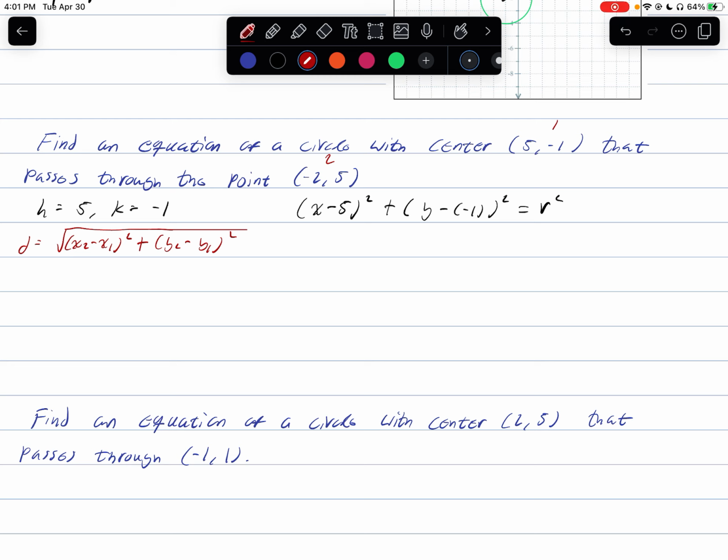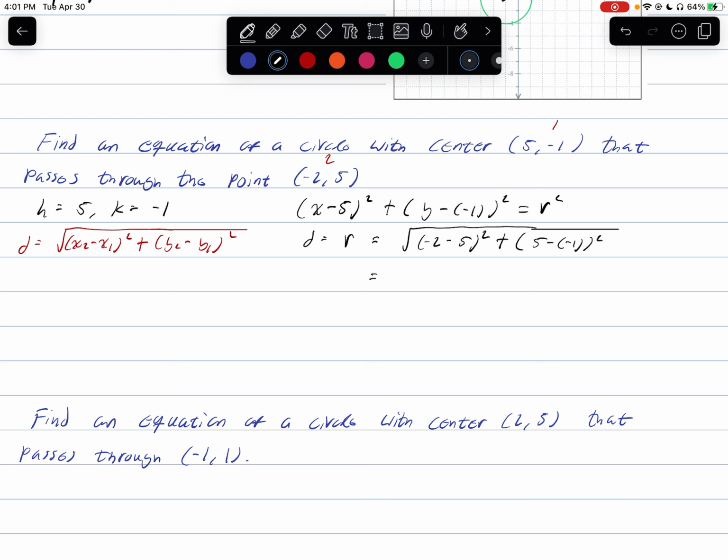So let's see if we can find the distance, or in this case, the radius. So we'll have d is equal to r, and that's equal to the square root of x2 minus x1, so negative 2 minus 5 squared, plus y2 minus y1, so 5 minus negative 1 squared.